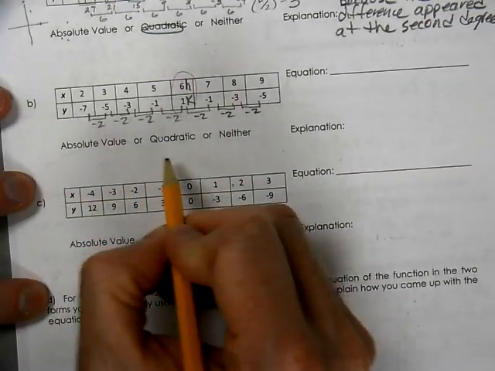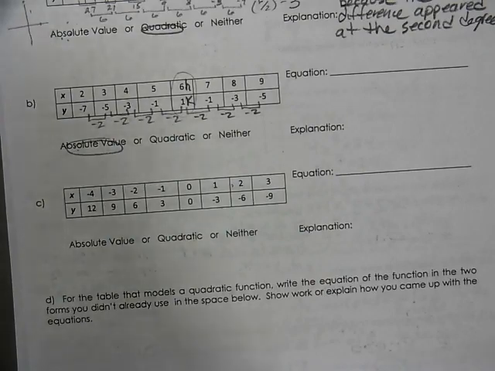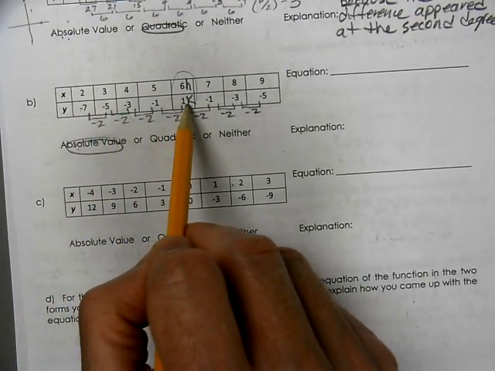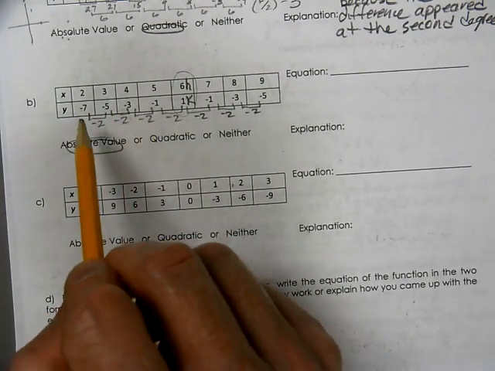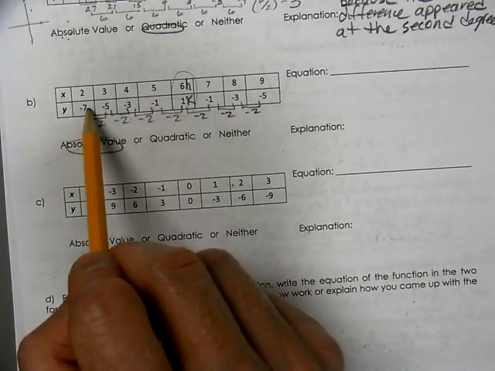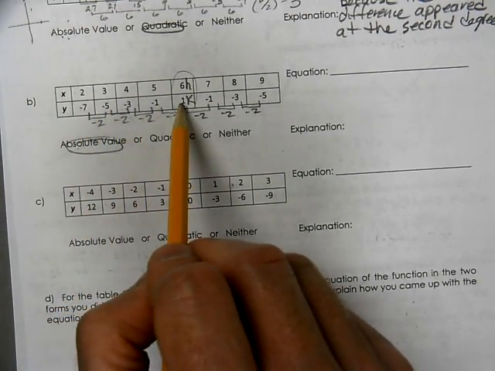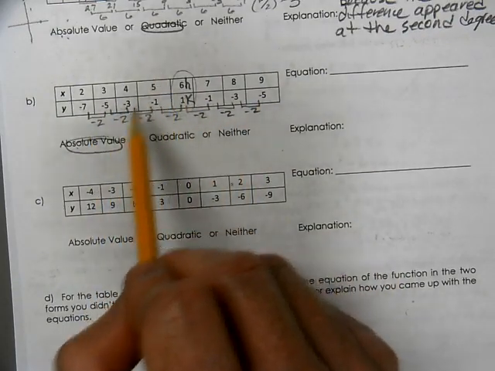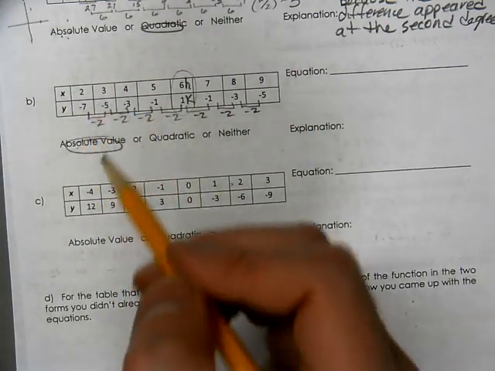So now I know that this is an absolute value. I know it's not a linear equation because the values go up to the 1, and then they're decreasing again. So it's an absolute value that's upside down.